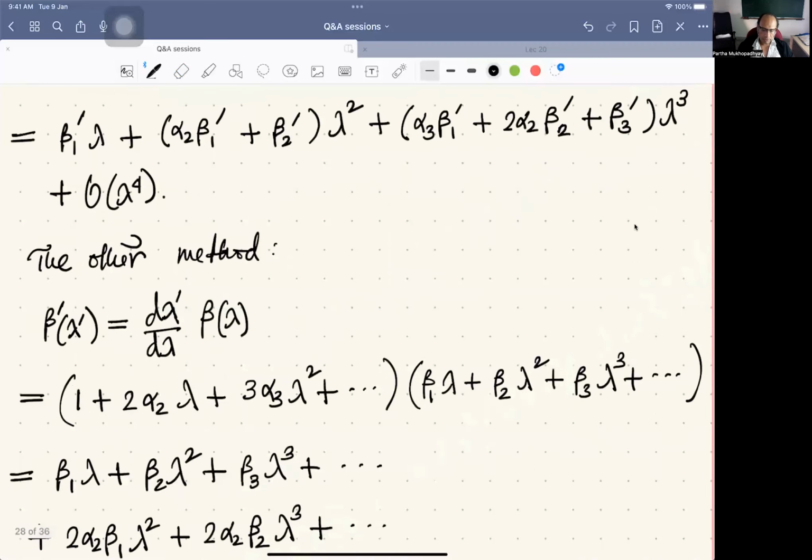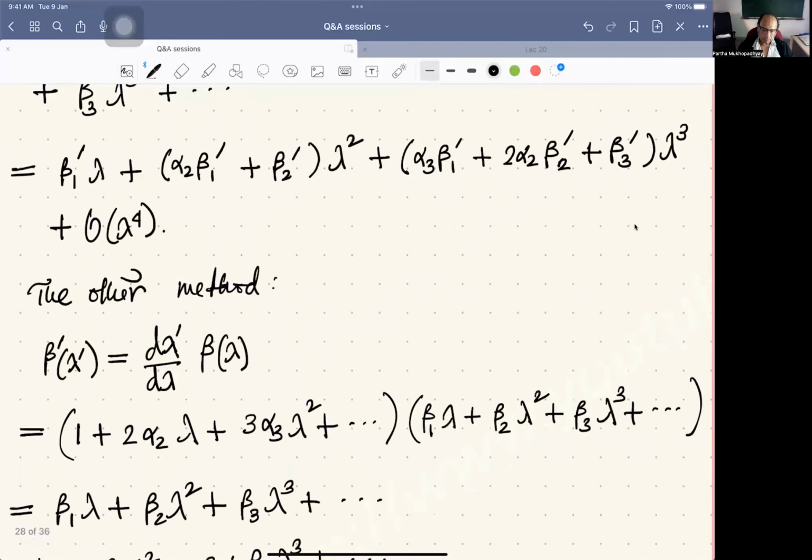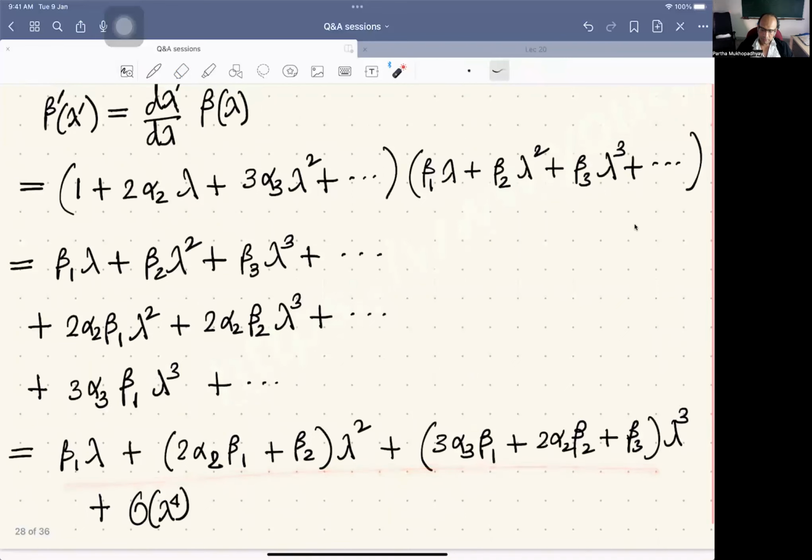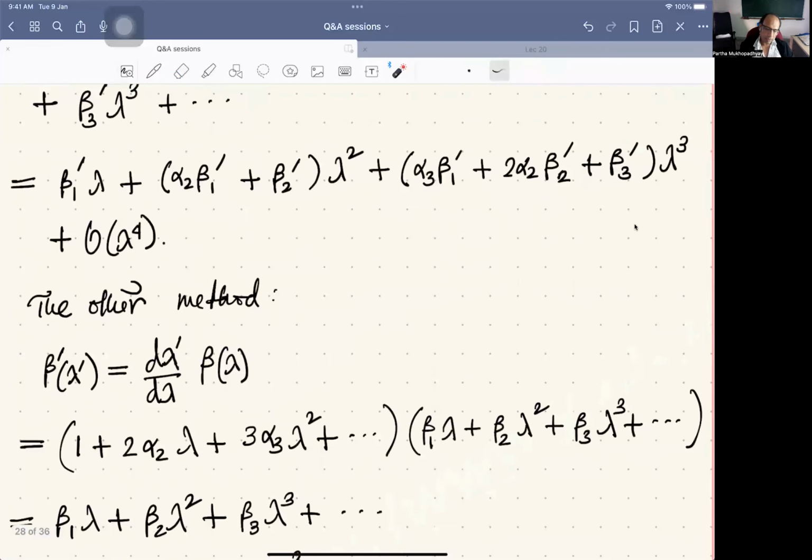So now we equate these two expressions, this expression and this expression, and then compare the coefficients at each order, and find the relation.